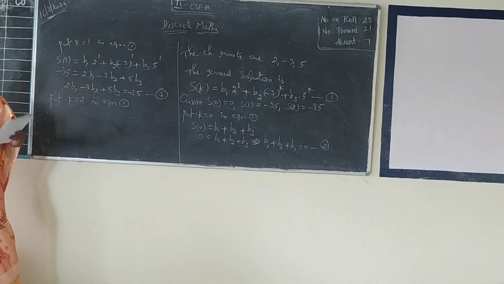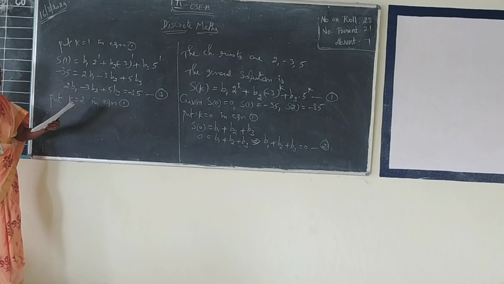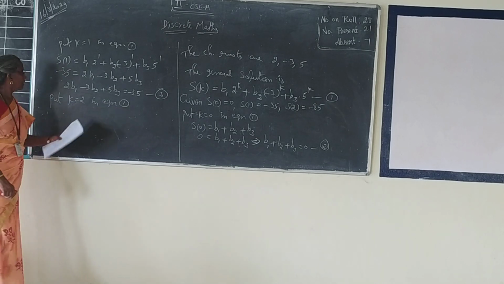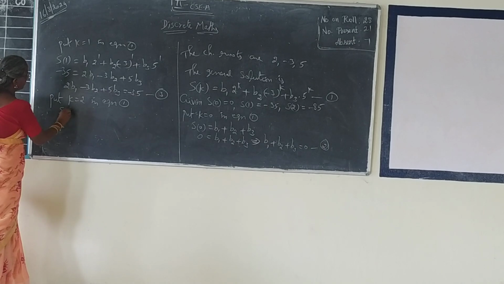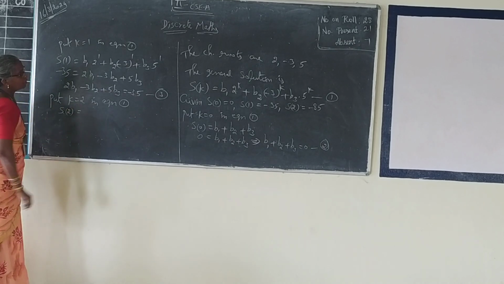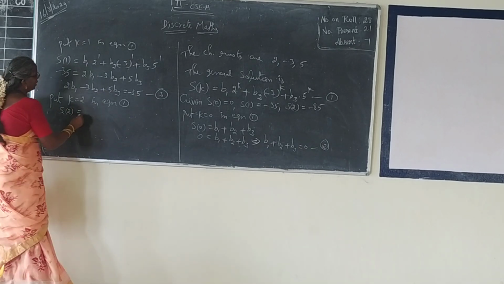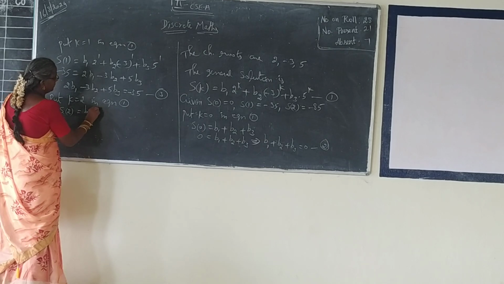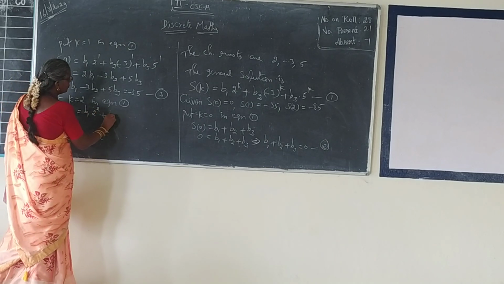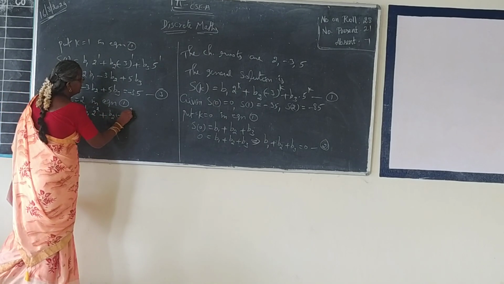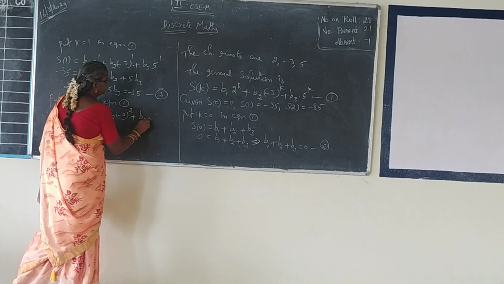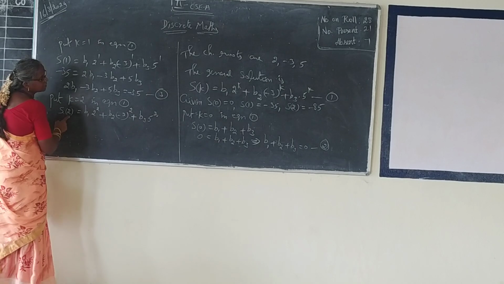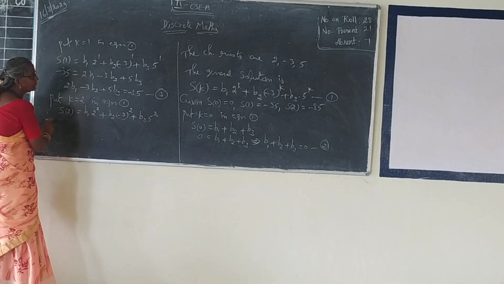Now k equal to 2 in equation 1: S of 2 equal to V1 into 2 square plus V2 into minus 3 square plus V3 into 5 square. That gives S of 2 value as minus 85.